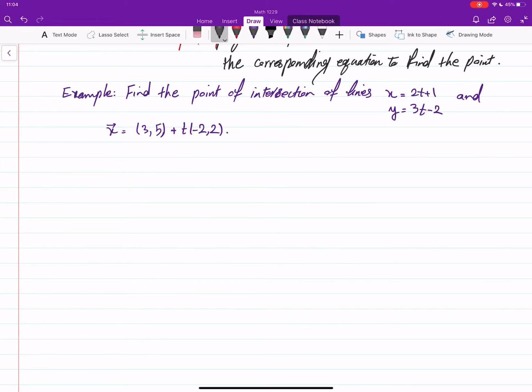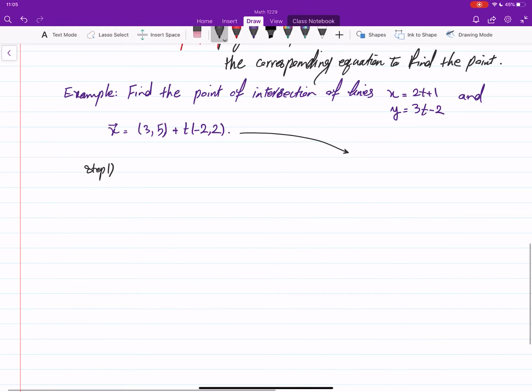Here we notice that one is in parametric form, the other one is in point-parallel form. We can turn this also into parametric form. So this is step 1. This is x equals 3 minus 2t, and y equals 5 plus 2t.